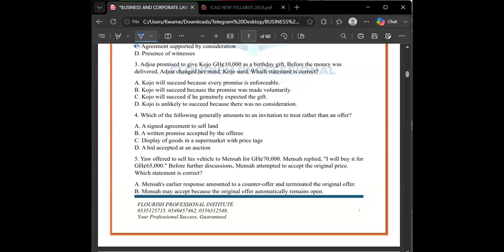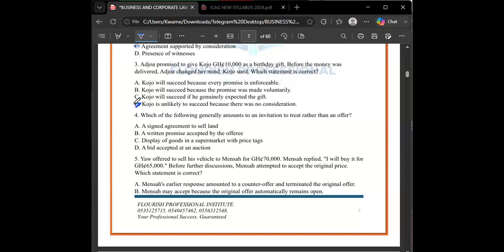The only instance in which Kojo may succeed is where the doctrine of estoppel will come in, saying that based on that promise, Kojo has gone to incur some liability or has gone to do something. He has relied on that promise and it's now coming to his disadvantage.